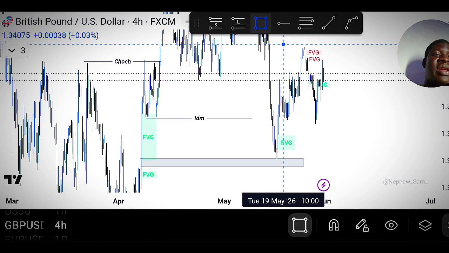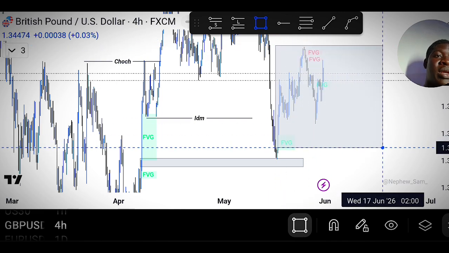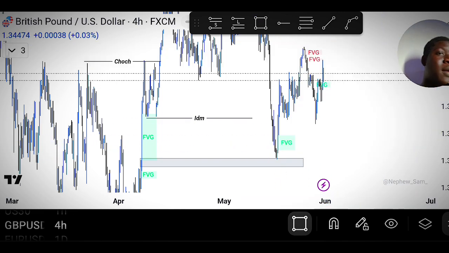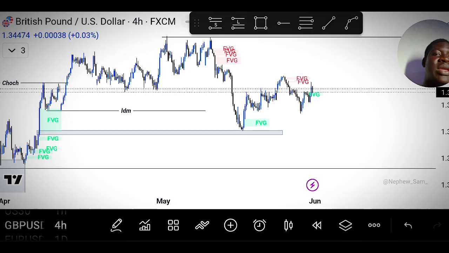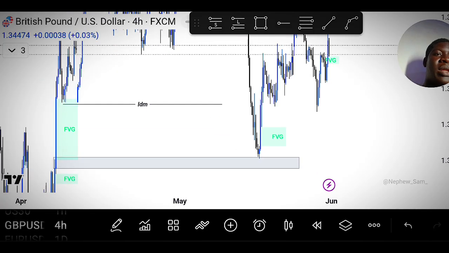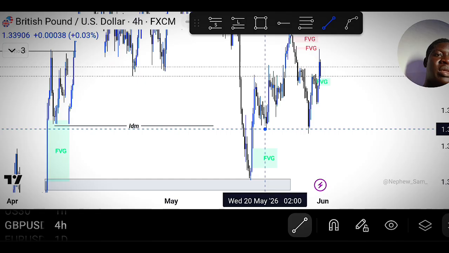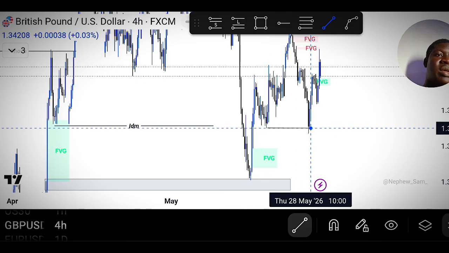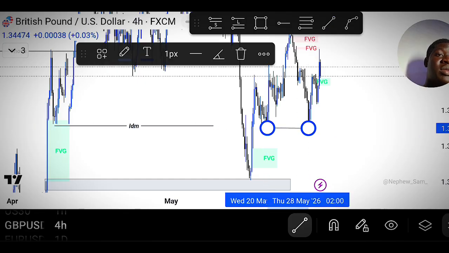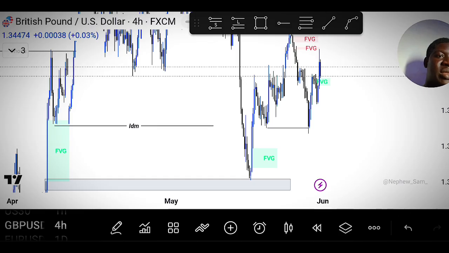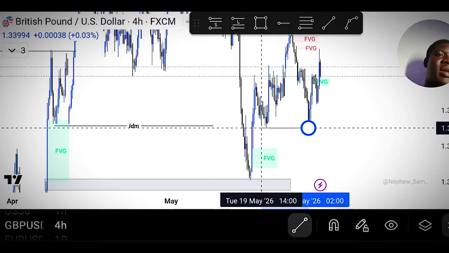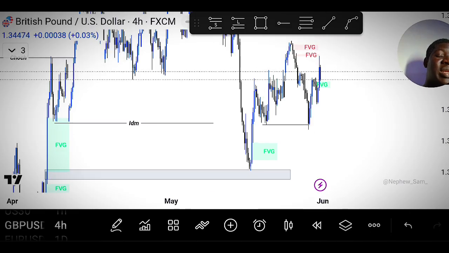This is the area we want to analyze for now, that's the only area to analyze for now. Okay, now here is our what? Our inducement. Why do we have an inducement at that area?